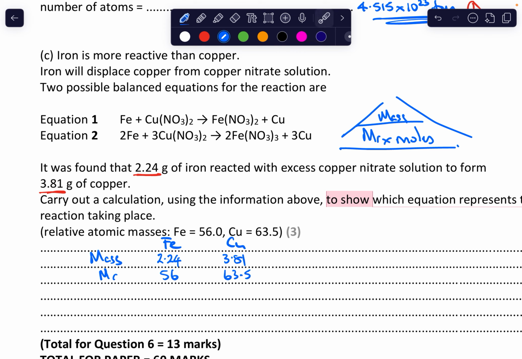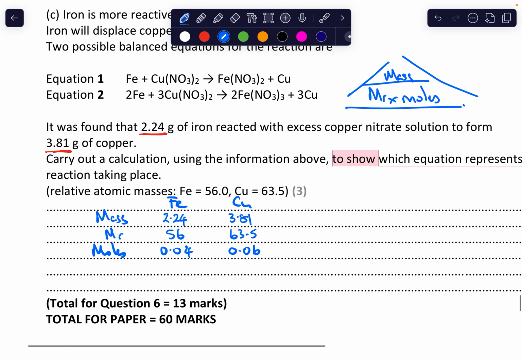So from that, I can now work out the moles. Moles is mass divided by the Mr. So the mass is going to be 2.24 divided by 56. So that is 0.04. And I've got 3.81 divided by 63.5 is going to be 0.06.